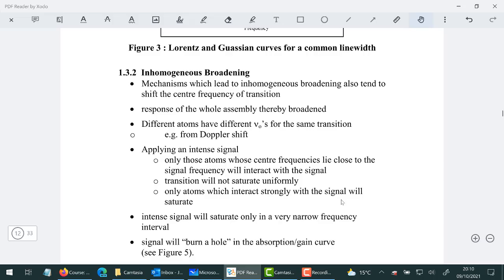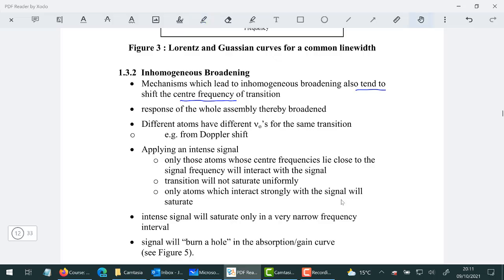So in homogeneous broadening, all of the atoms are acted upon in the same way. In inhomogeneous broadening, surprise, surprise, it means that the atoms are being acted upon on an individual basis. As well as giving you broadening, they also tend to shift the center frequency of the transition.